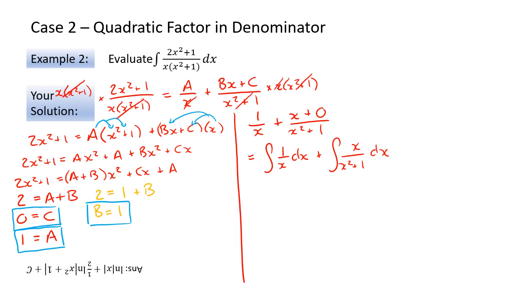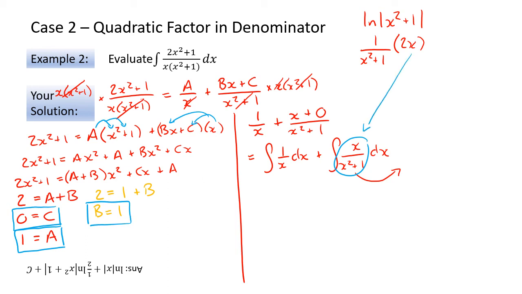But what we have to keep in mind is what the derivative of this function is in the denominator. Because if this becomes the ln of x squared plus 1, the derivative of that is 1 over the item in the ln function, x squared plus 1, times the derivative of what's inside that ln function, which is 2x. So you can see in our original expression here, we have an x term, but not a 2.